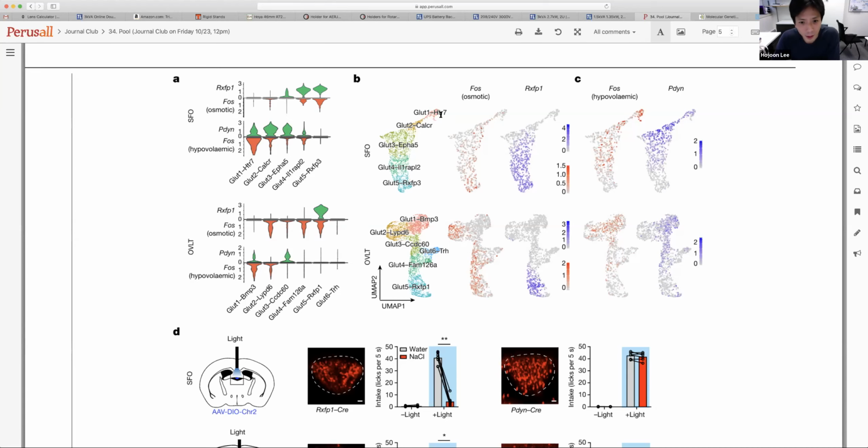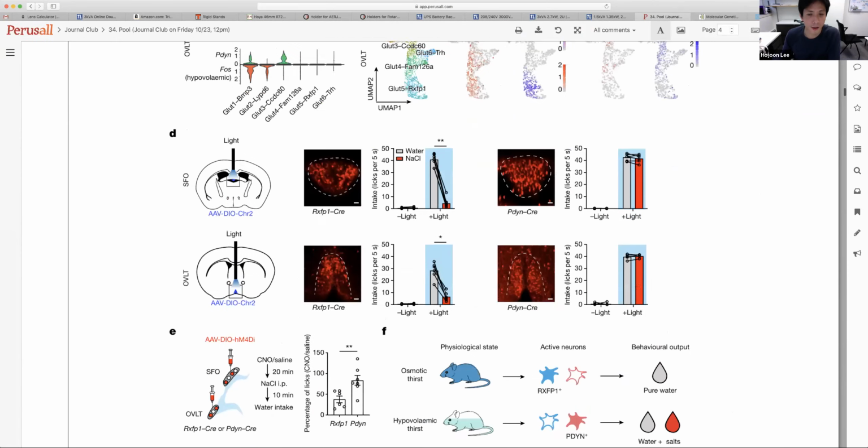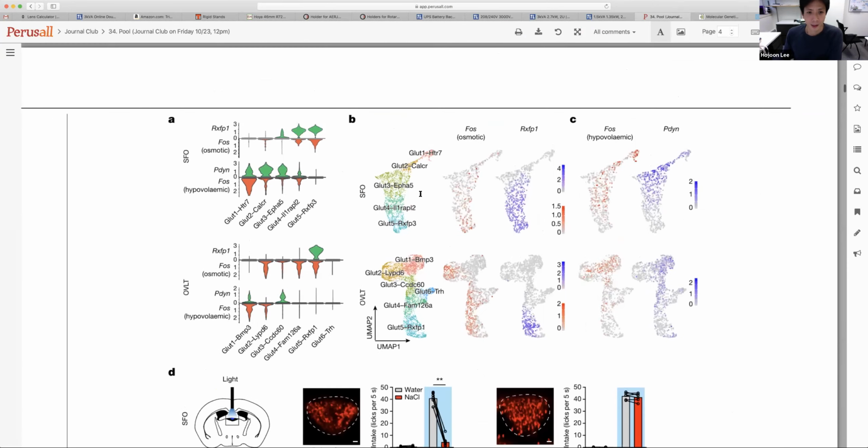But there are all sorts of things here. There are growth factors. There are axon guidance molecules, random genes. So this is purely based on statistical analysis of which genes are expressed in certain clusters, but not in others.